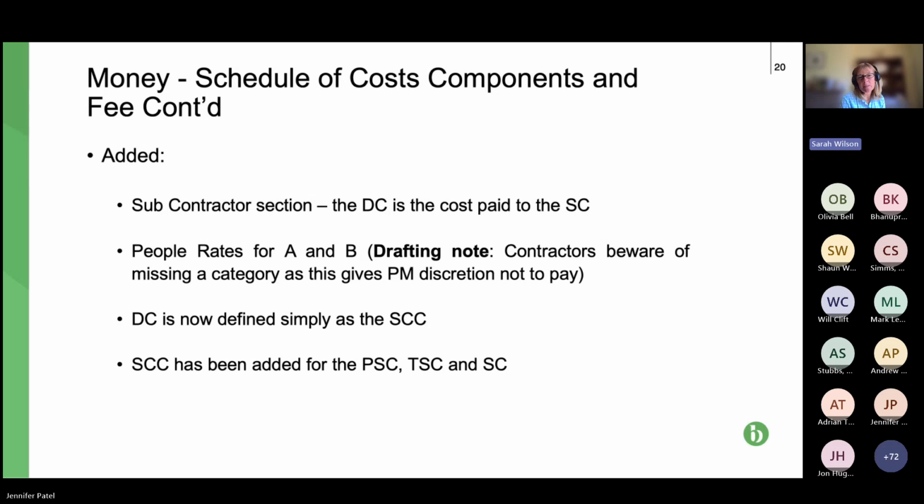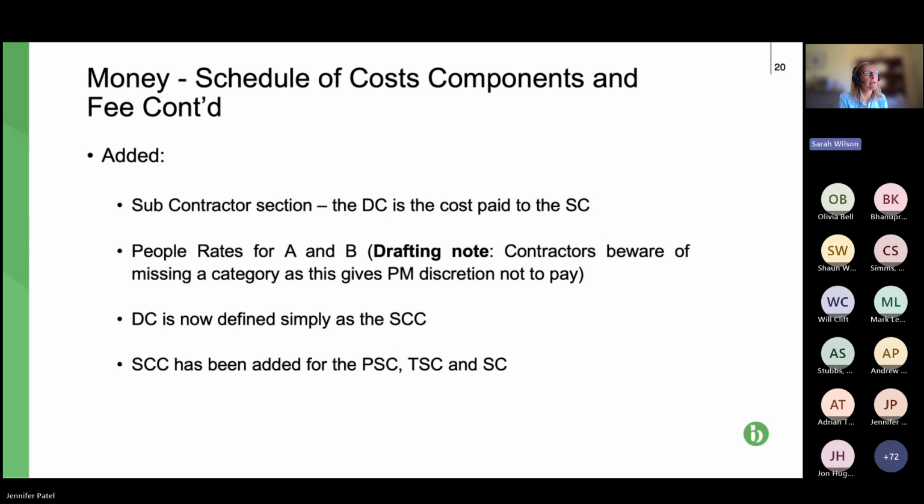My view is that having rates for people rather than having to provide a specific costing for individuals is really efficient and much better, particularly when it just applies to the costing of compensation events. It's not how the works are generally costed, because of course that's done under a fixed fee. So I think that's good.